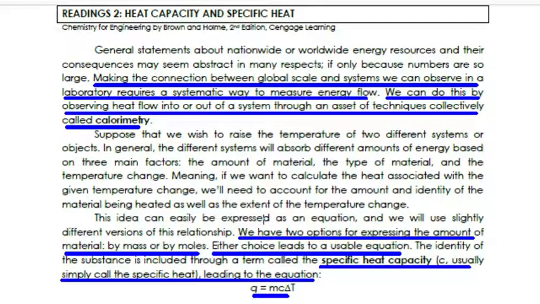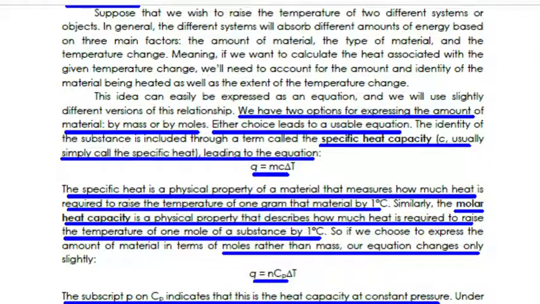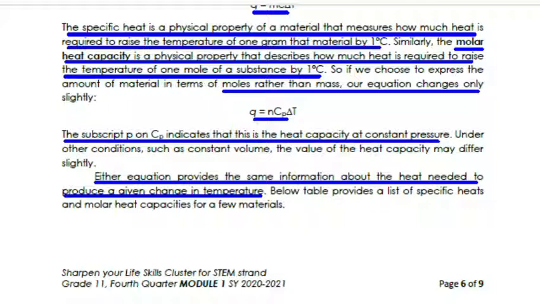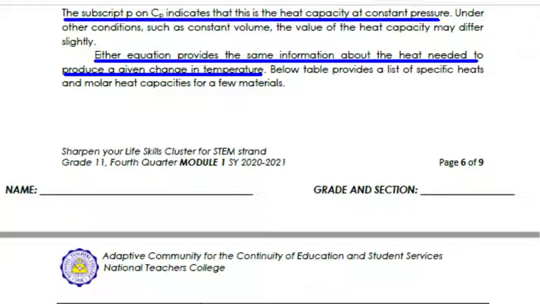So you will be using the number of moles of material, which is given by this formula. Either equation provides the same information about the heat needed to produce a given change in temperature. The table below provides specific heats and molar heat capacities for a few common substances.